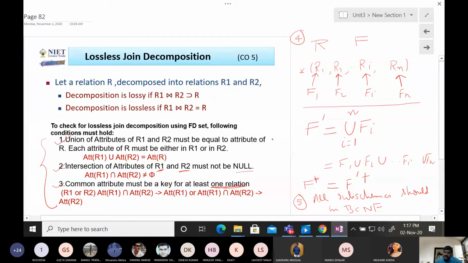But if we decompose a relation up to BCNF, sometimes dependencies are not preserved. So for that, we again denormalize things for retrieving information. The fourth condition is very important, and through this condition we can find out whether all functional dependencies are preserved in the decomposition or not.